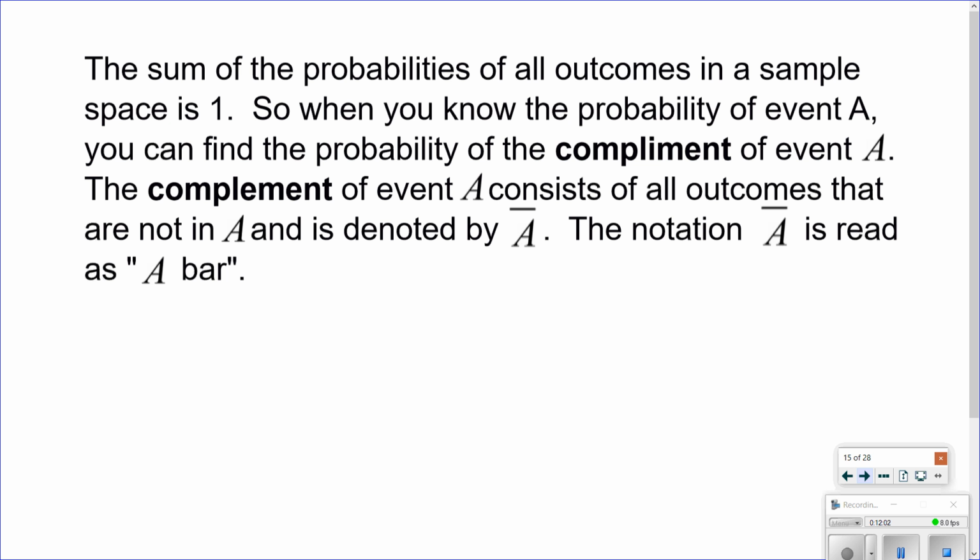The complement of A consists of all the outcomes that are not in A and is denoted by A bar, A with a bar over the top.